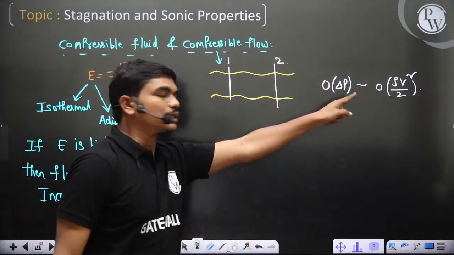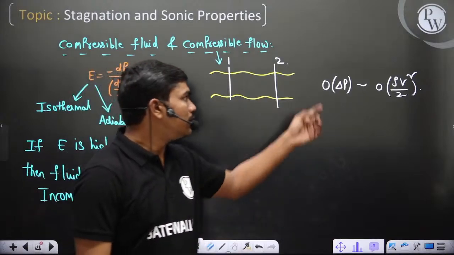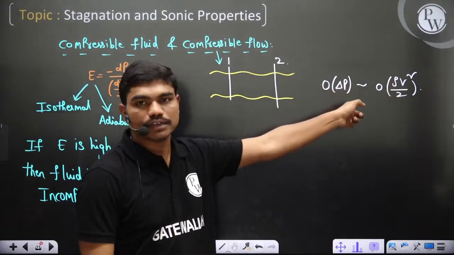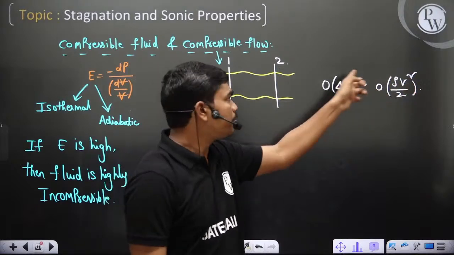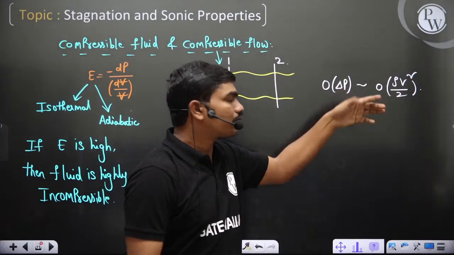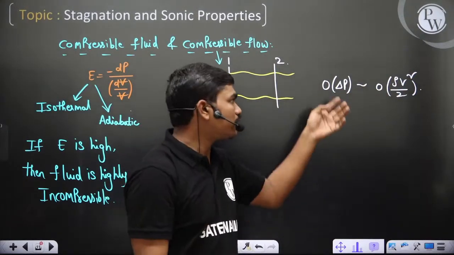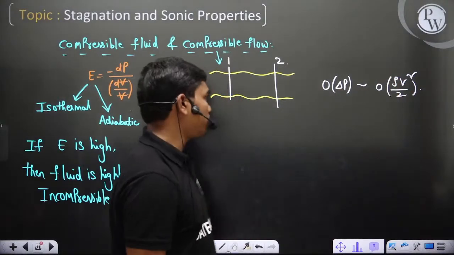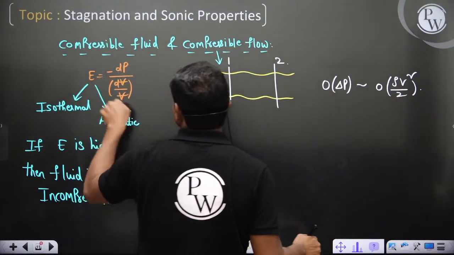So this scales to that value. Normally if you see Bernoulli's equation, P by rho plus V square by 2 is equal to constant. So P by rho is equal to constant minus V square by 2. So this del P will be in magnitude maybe 2 times or 3 times depending upon the scaling. So this del P will be of this magnitude, rho V square by 2.